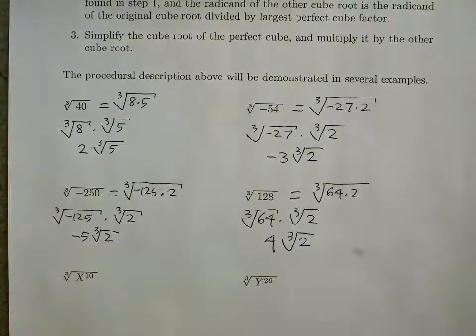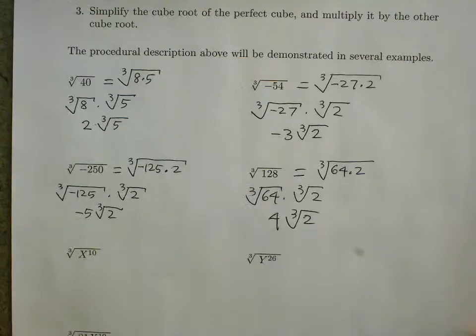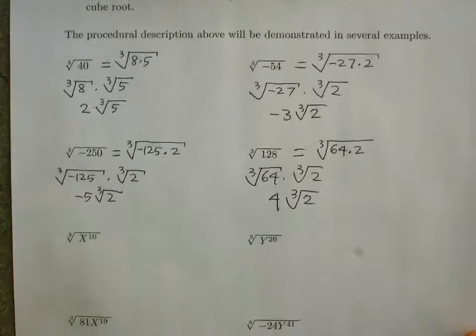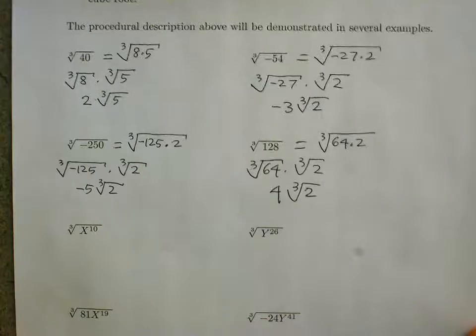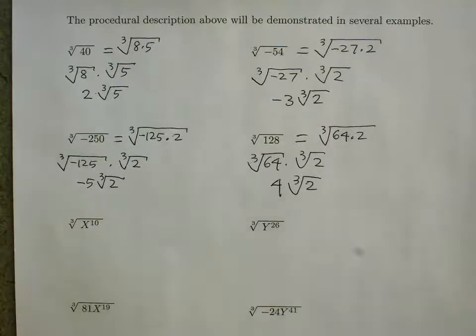Okay, we'll switch to some variable expressions inside cube roots. The cube root of x to the 10th, simplify that. Well, with variables that have exponents, how do we know that it's a perfect third power?